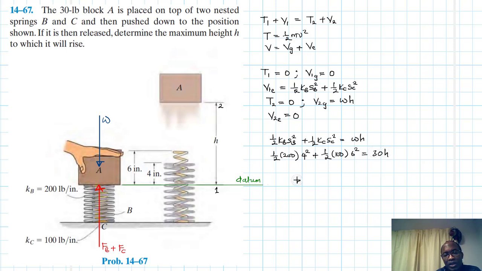So making h the subject of the formula, h equals 0.5 times 200 times 4 squared plus 0.5 times 100 times 6 squared, divided by 30. So our h is 113.33 inches. This is the maximum height to which block A will rise.